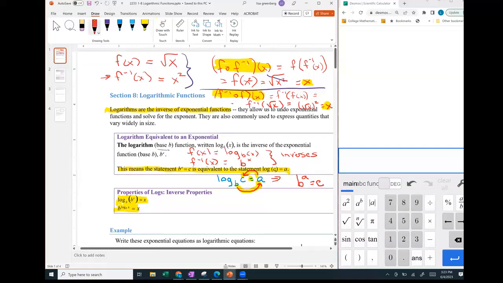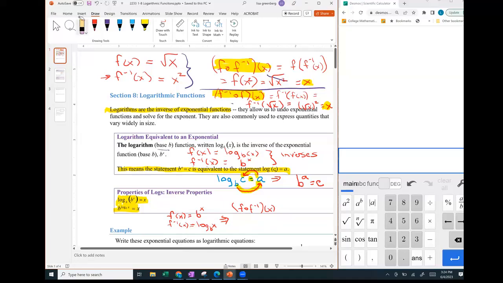If f of x is equal to b to the x and f inverse of x is equal to log base b of x, then if I do the composition of the two functions, I get x.